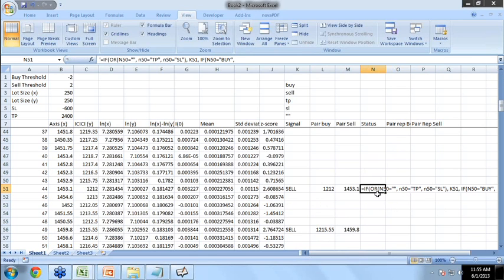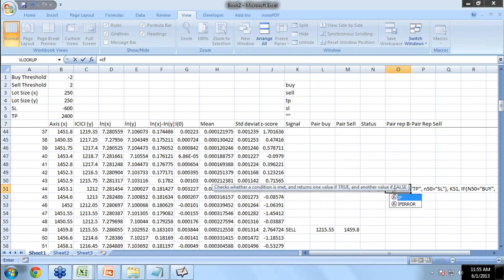We have just stopped it for the timing because we need the buy price value and the sell price value. So what we can do here is repeat whatever price the pair has been bought and sold at. So for the buy price, we'll be seeing any of these 5 values in the status: buy, sell, take profit, stop loss, or blank.